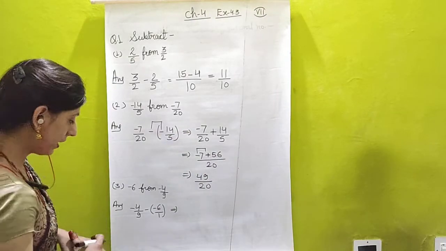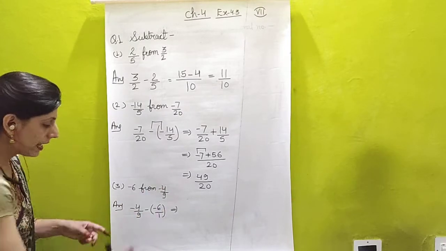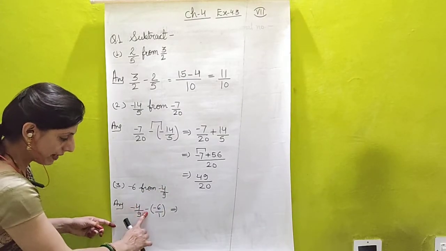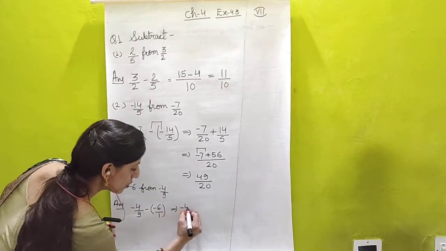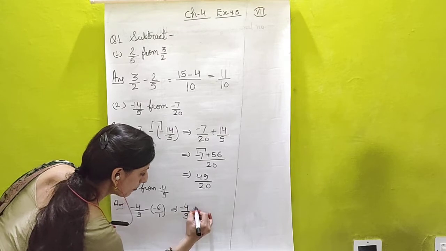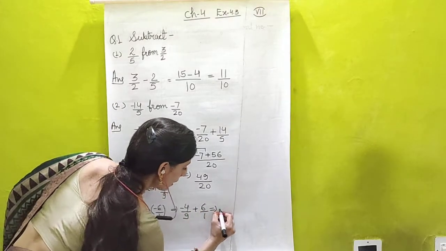Students, now part 3: minus 6 subtracted from minus 4 upon 9. Minus 4 upon 9 minus minus 6 upon 1, we will write. Here also it becomes minus 4 upon 9 plus 6 upon 1, then your LCM will be 9.